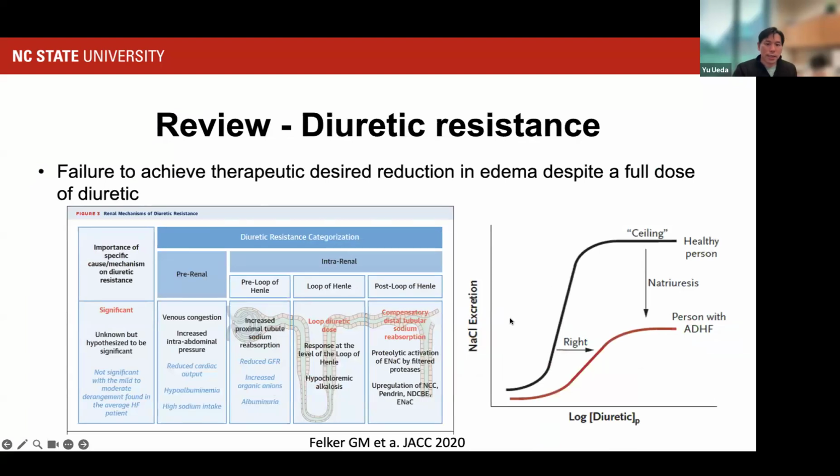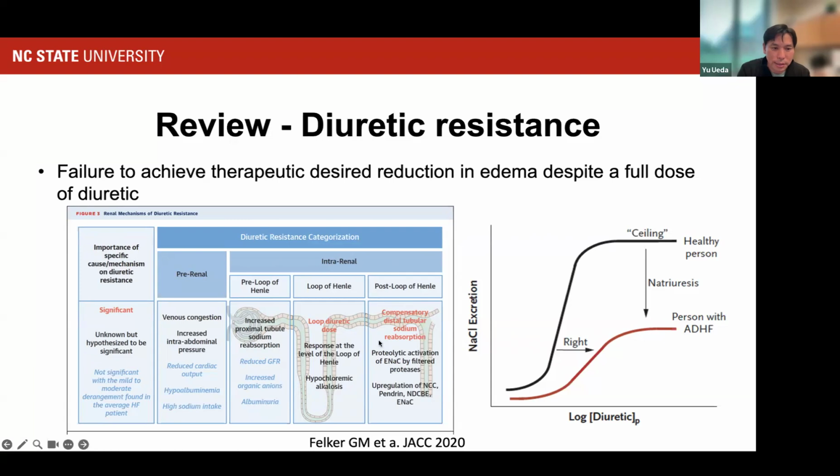So when patients have heart failure, they might have this increased reabsorption of sodium and water at the distal tubules and the collecting duct, and that might be one significant mechanism of diuretic resistance.